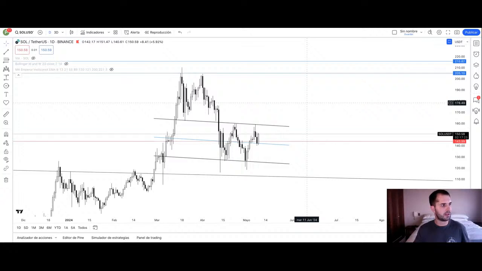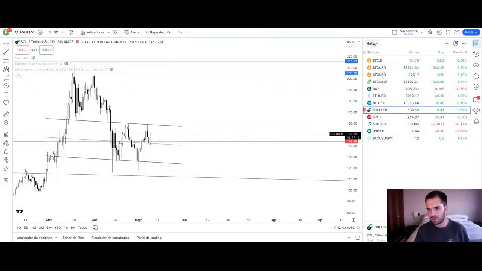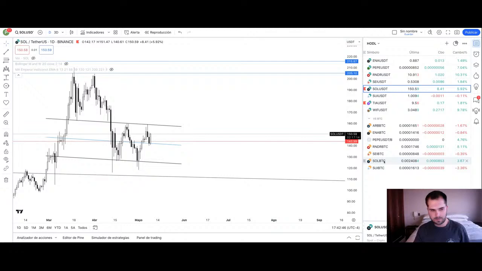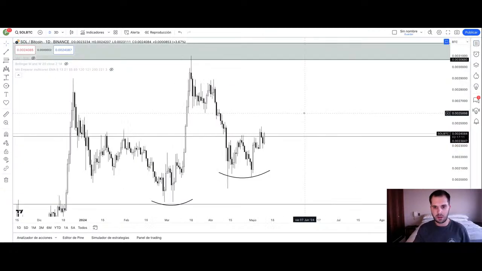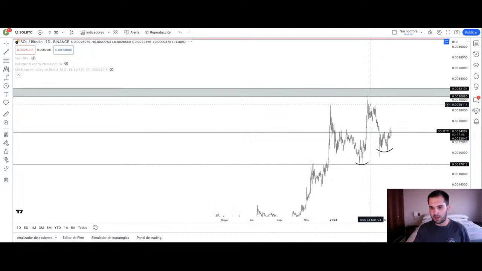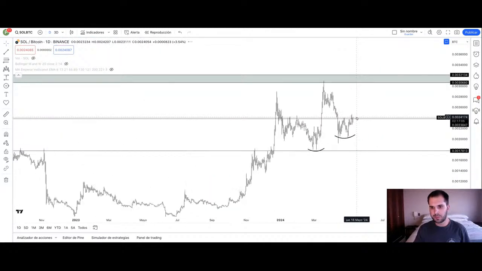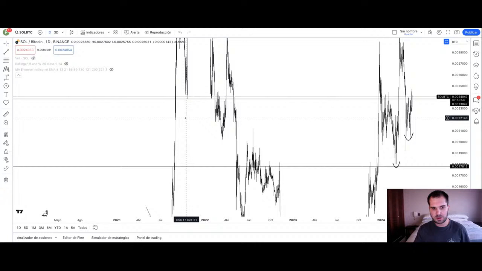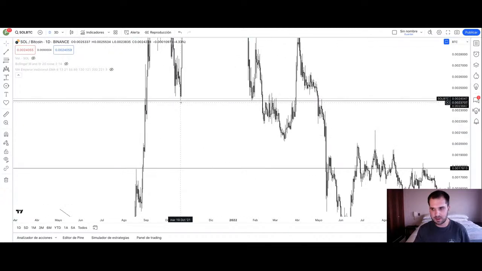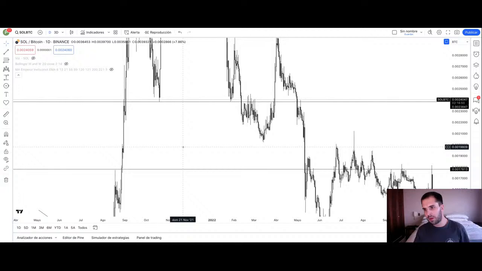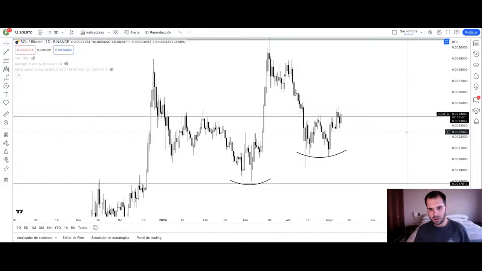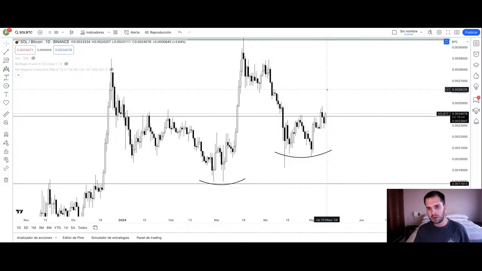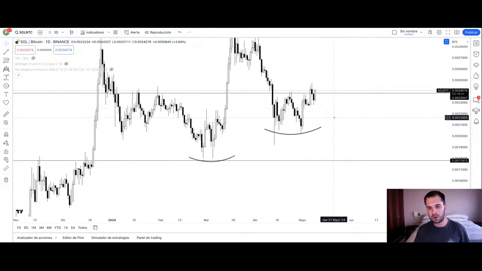We're going to take a look at it against BTC too, because we have some interesting findings there as well. Against Bitcoin, we're having an uptrend: higher highs, higher low, higher high, higher low, and we're actually trying to close above this inflection point from the past, around 24,000 satoshis, and working on a bullish engulfing candle, which is really good for Sol prices.